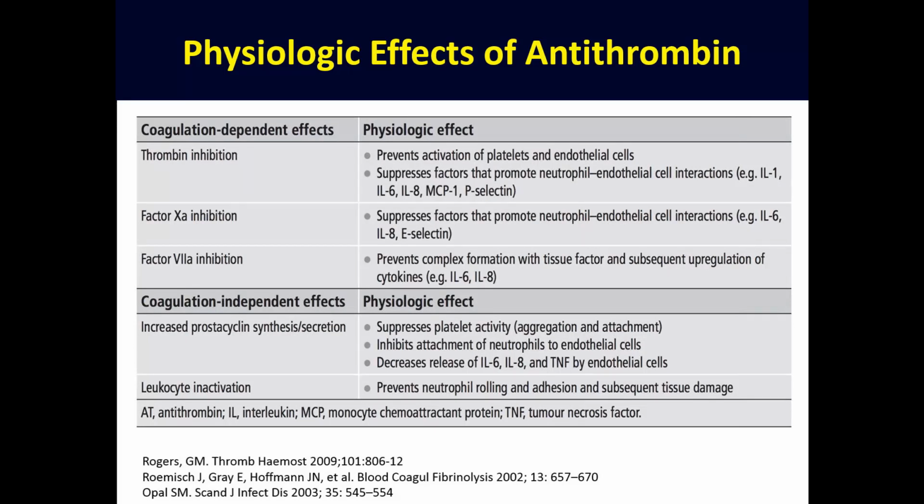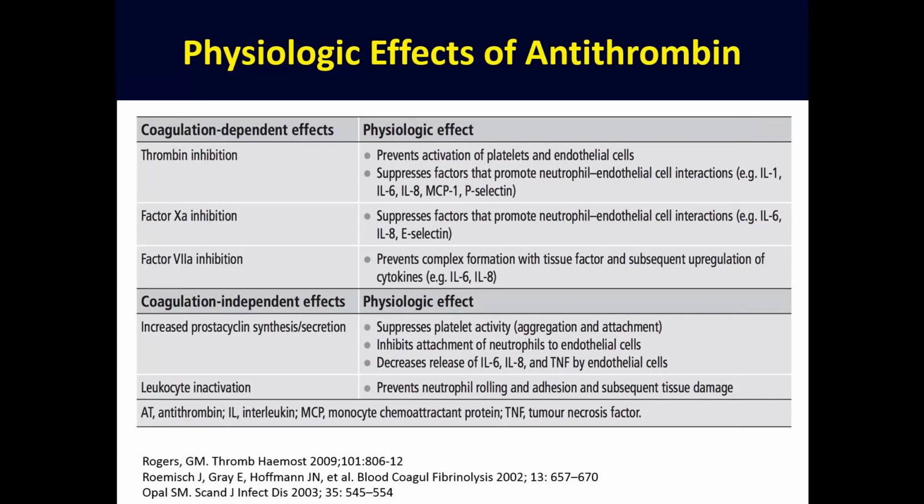But antithrombin also appears to have coagulation-independent effects. In experiments that have eliminated the coagulation-dependent effect, there's still suppression of platelet activity by increased prostacyclin synthesis. There's inhibition of attachment of neutrophils to endothelial cells, and the release of pro-inflammatory cytokines is also decreased.